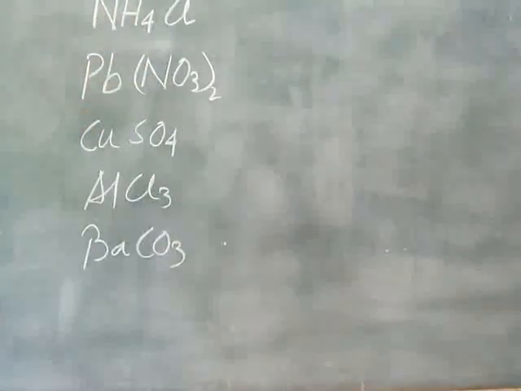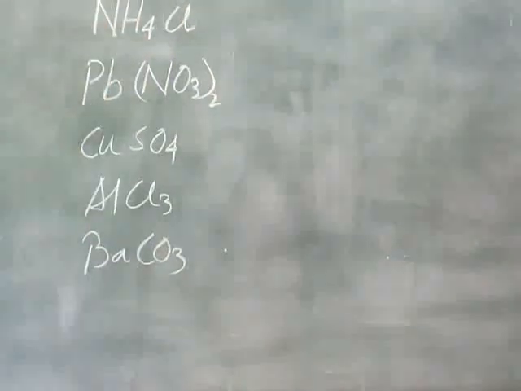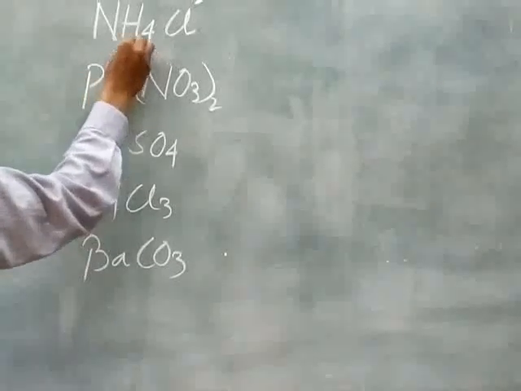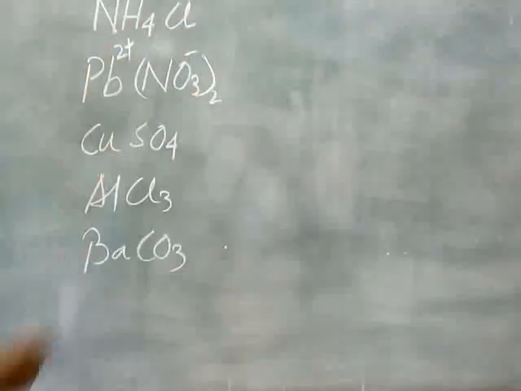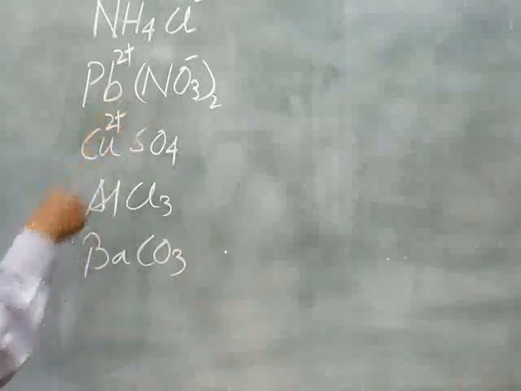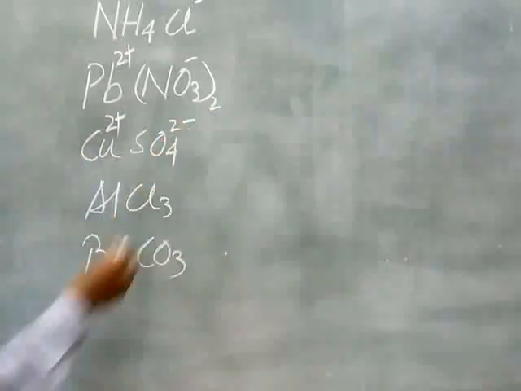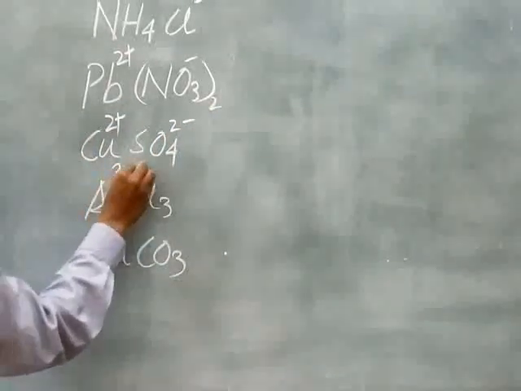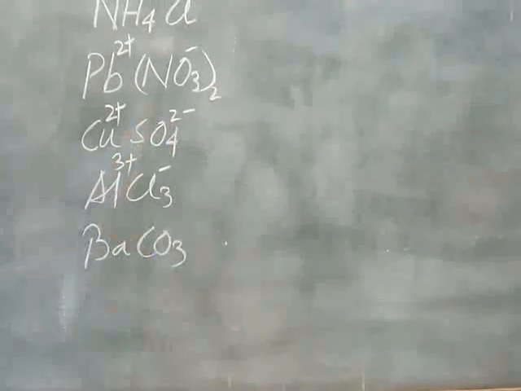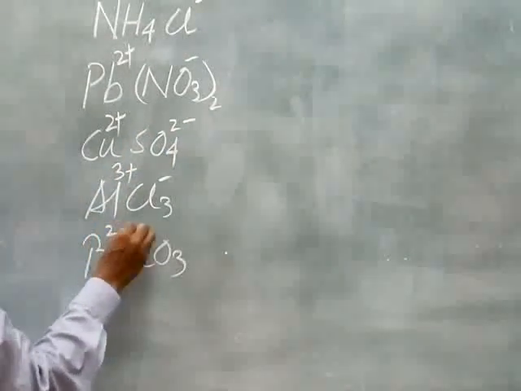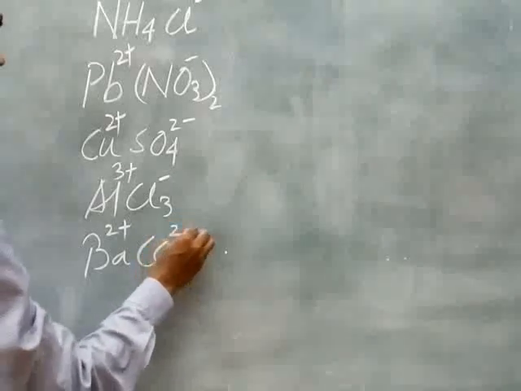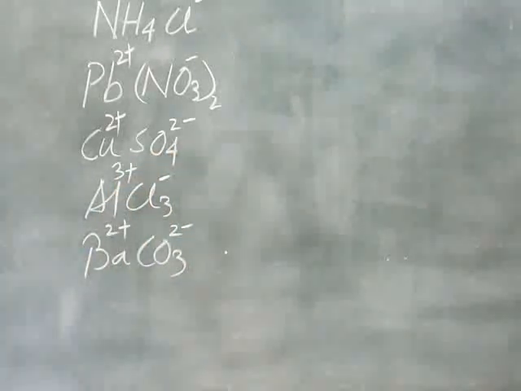Here ammonium is positively charged, chloride is negatively charged, lead is positively charged, nitrate is negatively charged, copper is positively charged, sulfate is negatively charged, aluminium is positively charged, chloride is negatively charged, barium is positively charged, carbonate is negatively charged ions.